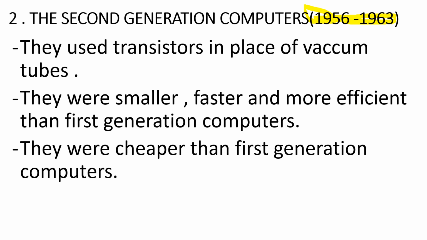Now the second generation computers, to develop in a more efficient way, in a more flexible way, in a more user friendly way, further developments were done, further inventions were done in the second generation computers, and that gave rise to the invention of the third generation computers.